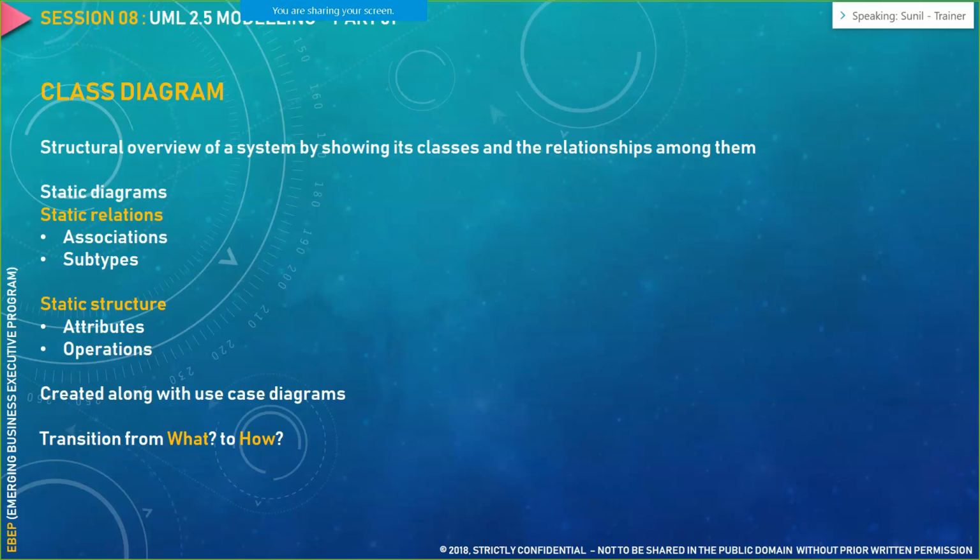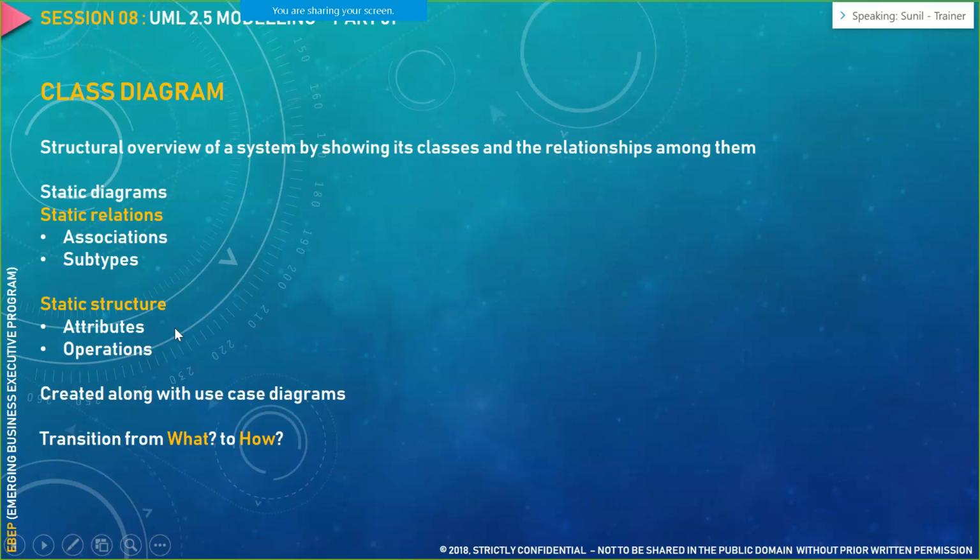Now we come to the class diagram. A class diagram is a structural overview of the classes and the relationships amongst them. It is a static diagram, showing static relationships like association and subtypes, and a static structure like attributes and operations. I have already explained what attributes and operations are.